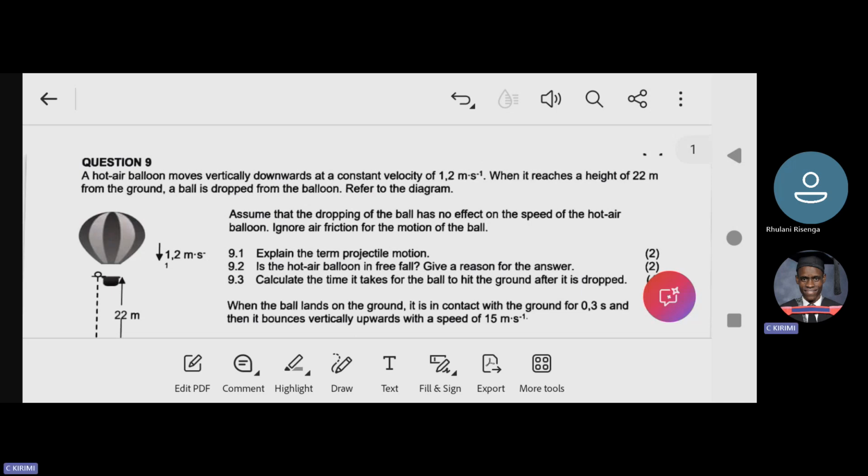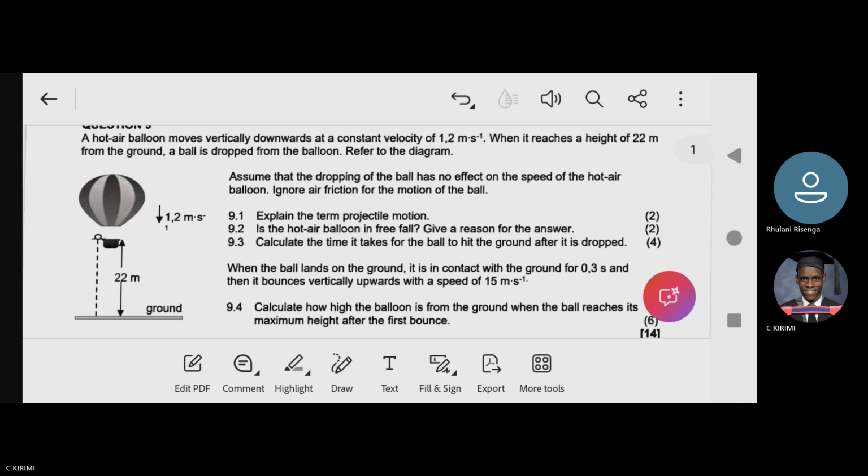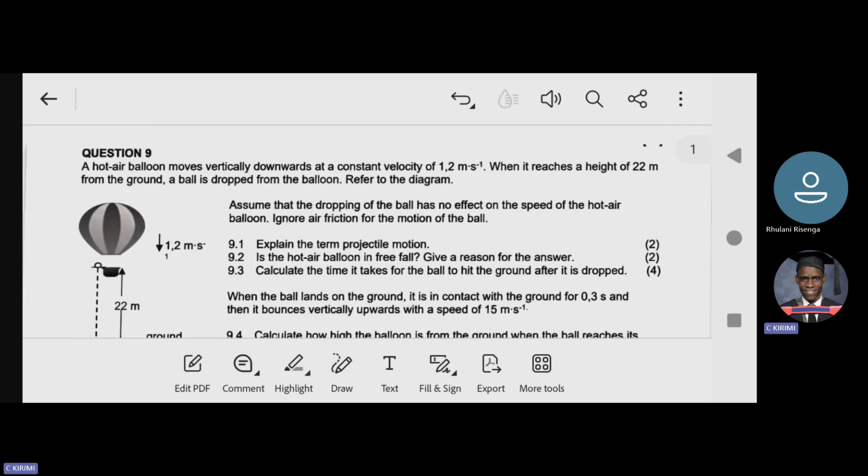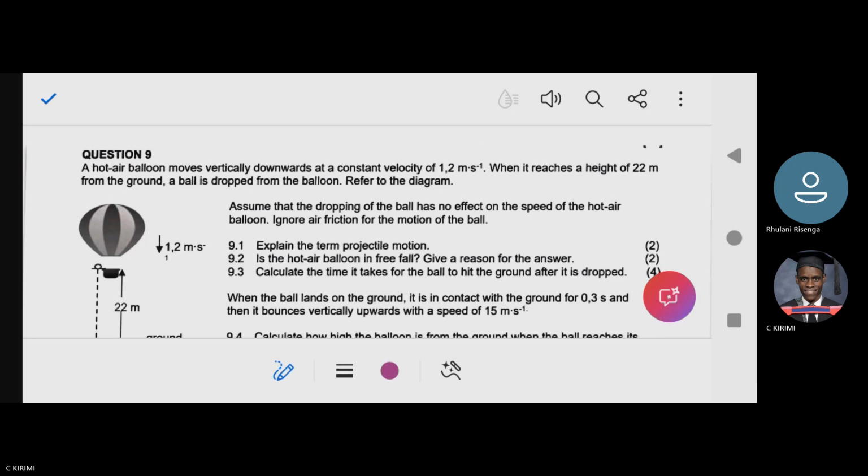So, what is the initial velocity of the drop? 1.2 meters per second. No, we are saying when it reached a height of 22 meters from the ground, a ball was dropped from the balloon.